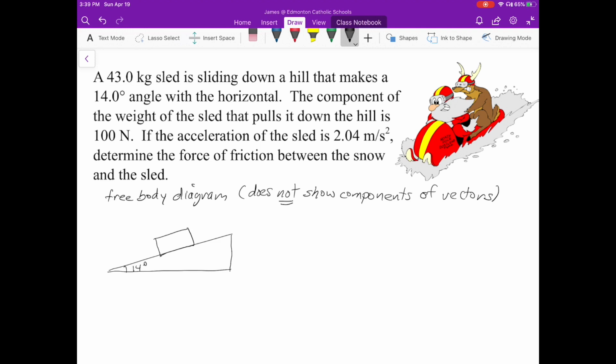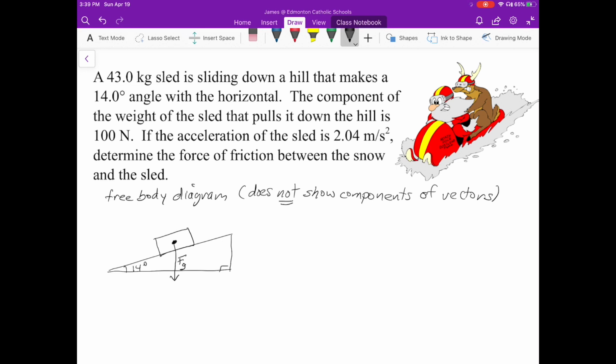Okay. We know that there's going to be a force. The reason why a sled goes down a hill is because gravity makes it go down the hill. But weight or gravitational force only acts vertically down. That's the direction that things are pulled down. The weight acts down, but the force that pulls the sled down the incline is a component of the weight, which we'll draw in a second.